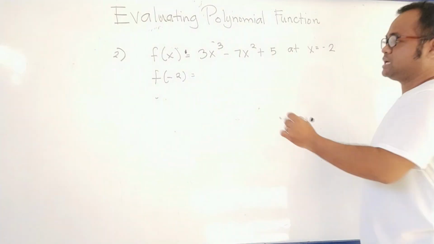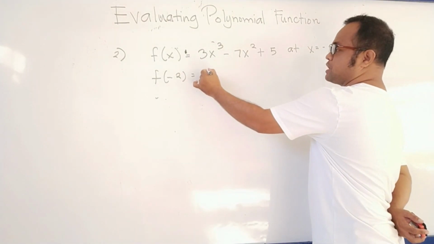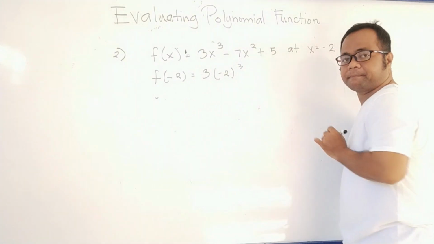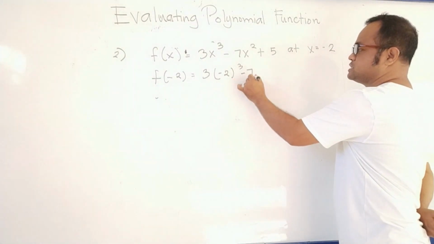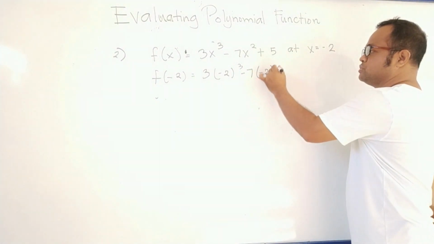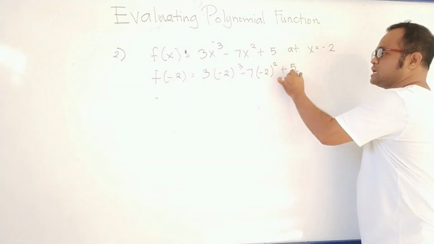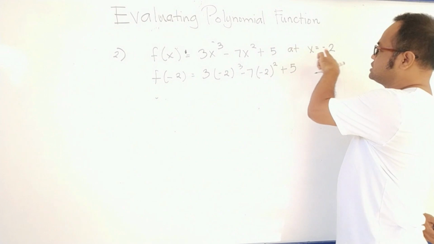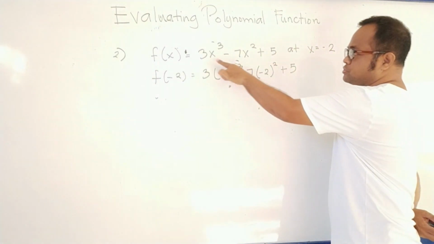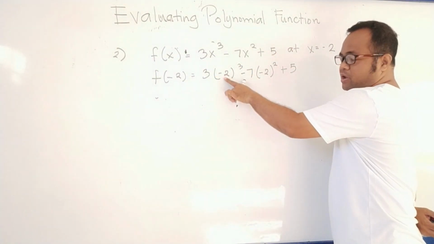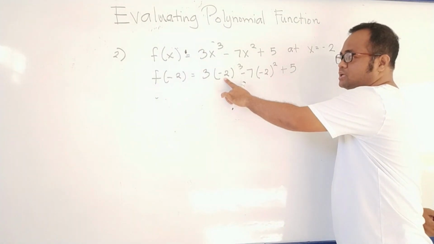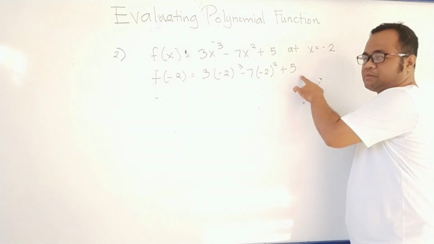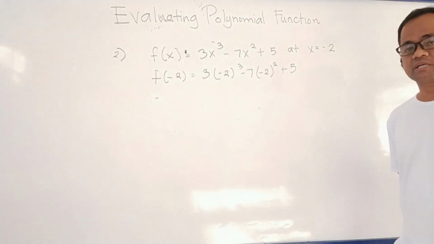Okay? Instead of writing x, we write negative 2. So, 3 times negative 2 cubed minus 7 times negative 2 squared plus 5. Okay? You just simply substitute negative 2 to your x. That's why we have negative 2 here. Negative 2. And you just copy 5 because there is no variable x there.